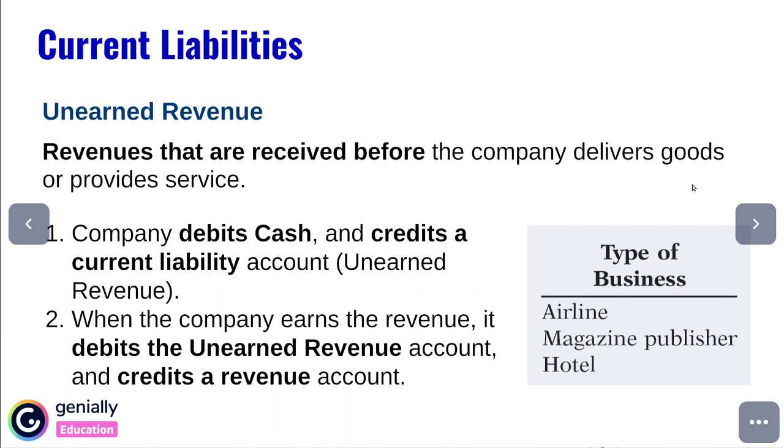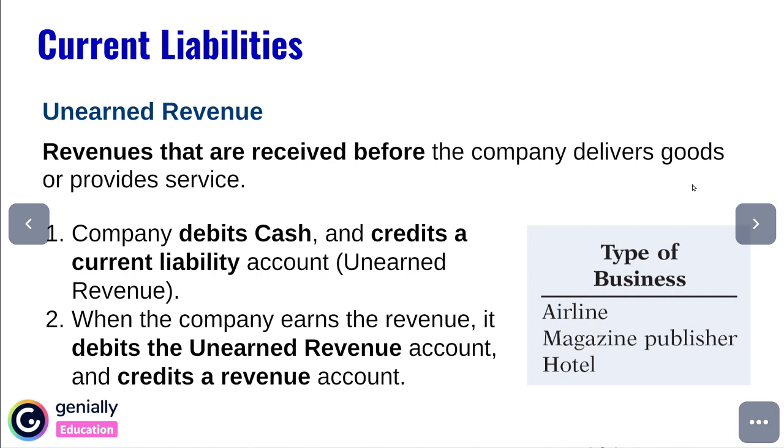You book the ticket and pay the airline, but the airline hasn't performed the service yet. At the time you pay, we call it unearned revenue, and it is considered a current liability because the company has an obligation to perform the service on a certain day.